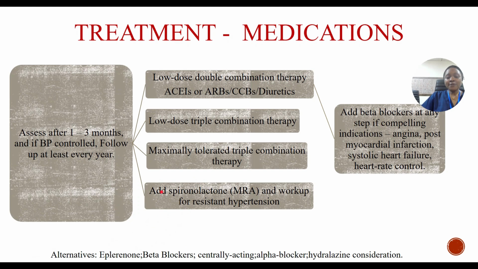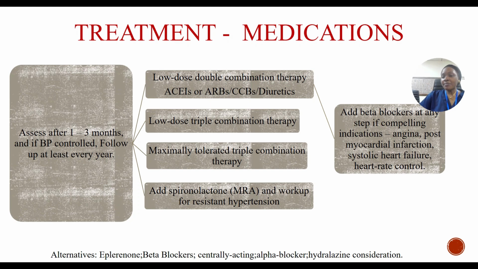Now, alternative fourth line medications apart from spironolactone include eplerenone, also a mineralocorticoid antagonist, beta blockers, centrally acting medications, alpha blockers like doxazosin, or hydralazine. So we can consider these. However, while these are referred to as fourth line, if at any point in time there's an indication to use any of these medications, we should not hesitate to add them.